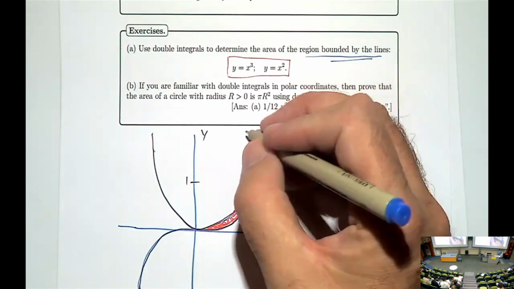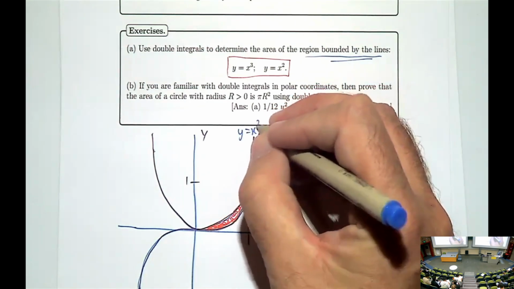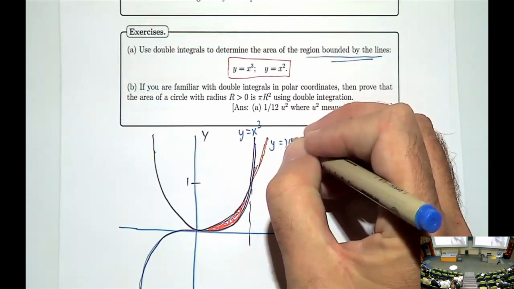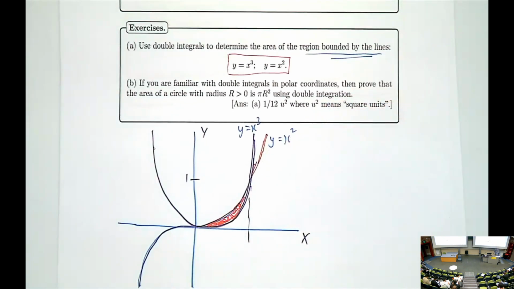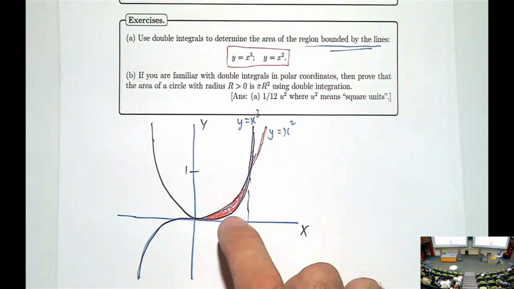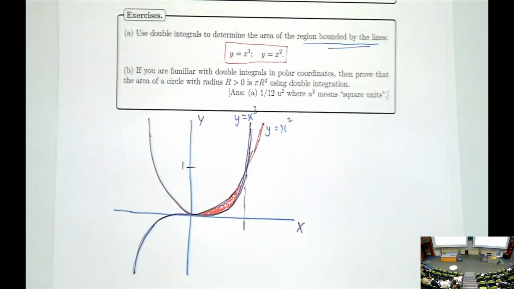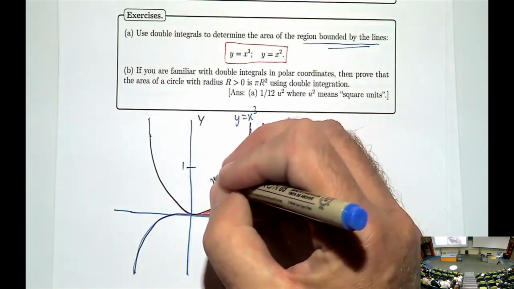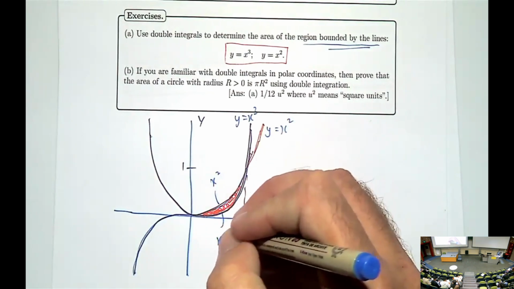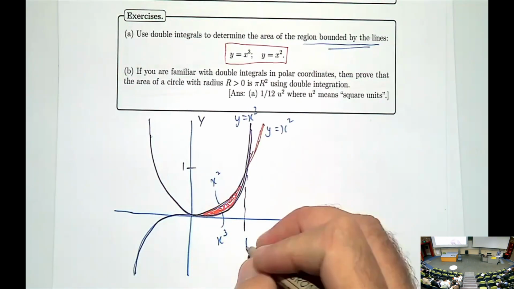Okay, so we'll do y equals x cubed for that one, and y equals x squared for that one. So the x cubed curve is lying below the x squared curve. That one's your x squared, that one's your x cubed. And that's 1 and that's 1.